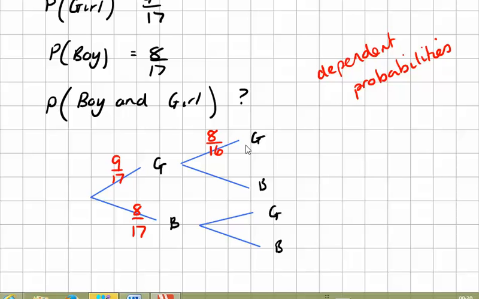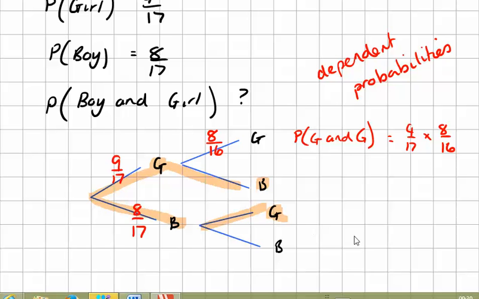What is the probability of it being girl-girl? Girl and girl would be 9 over 17 times 8 over 16, or 1 out of 2. This doesn't solve our problem, though. Now you're not interested in that. You're only interested in girl-boy, boy-girl.